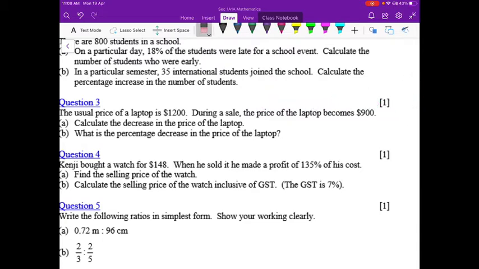What's the percentage increase? 35, like this? Is this your answer? Percent, huh?